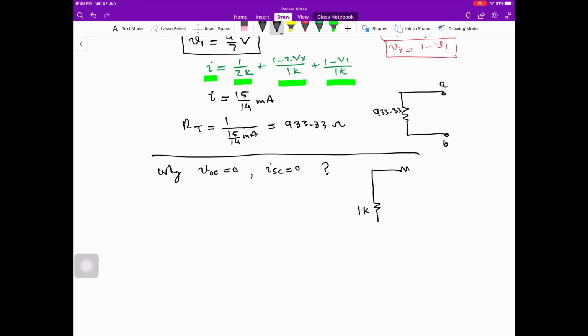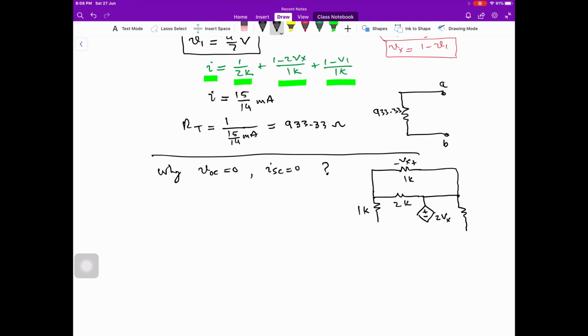This is 1K, and over here is Vx, and another resistance of 2K, and a voltage source over here. This is a dependent voltage source, as it depends on a voltage signal Vx. This is a voltage controlled voltage source.